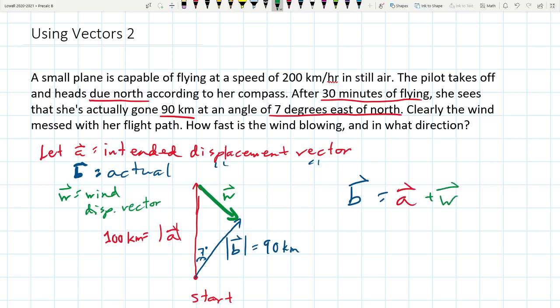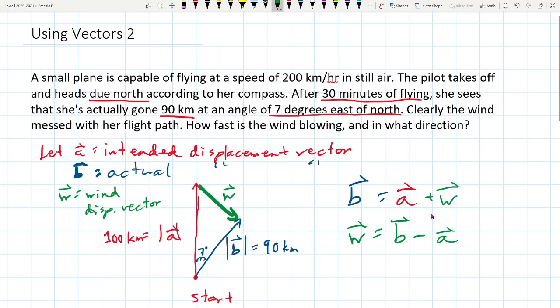Okay, so we can actually figure this out now, and we could get the wind vector just because we already know what B and A are. So let's do that. Okay, so I know that the wind vector is equal to simply, I'll just subtract A from both sides, B minus A. Oops, sorry, I don't know why I drew that one as an arrow. That should be just a subtraction sign.